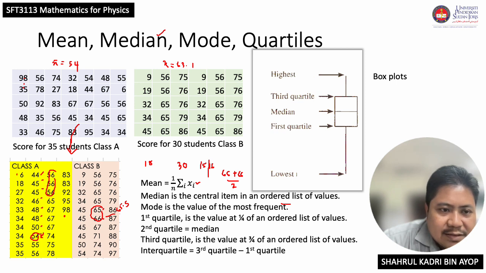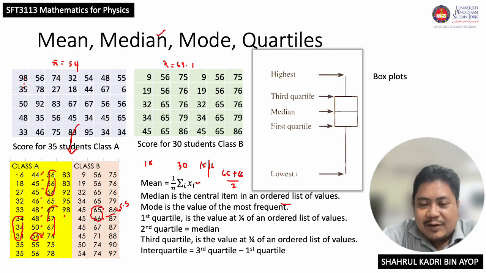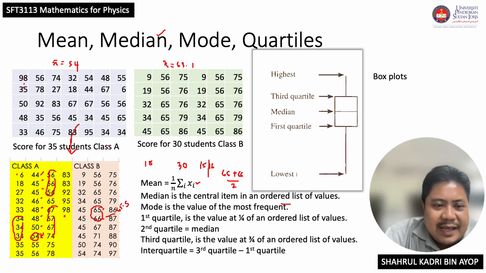We have 56, we have 67, and then we have 634. So we have three values of the most frequent. It's okay because we have three modes with the same highest frequency. For class B, we have 45. This is the mode. Okay, the mode is 45 for class B.